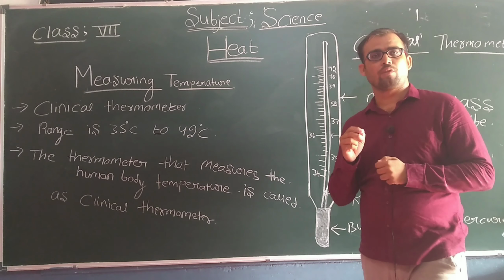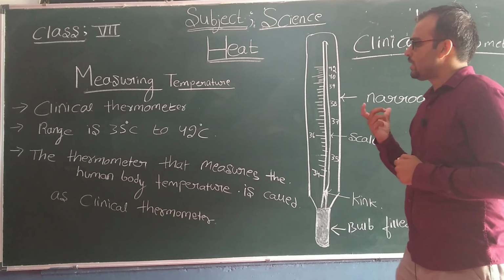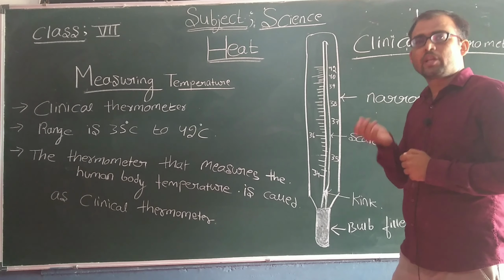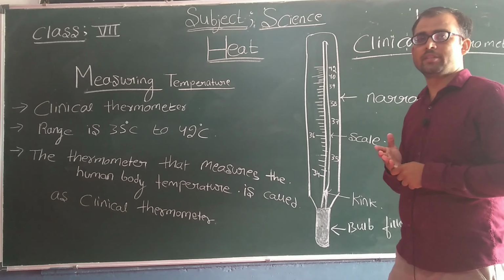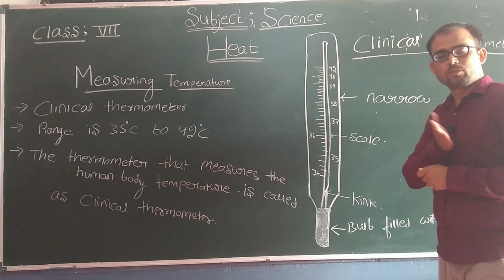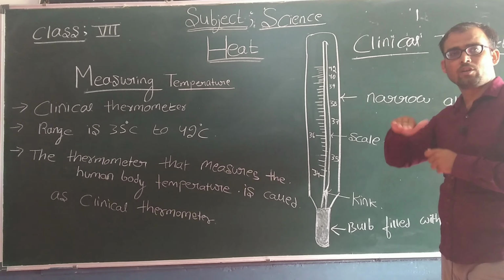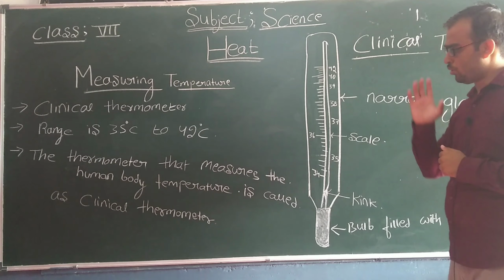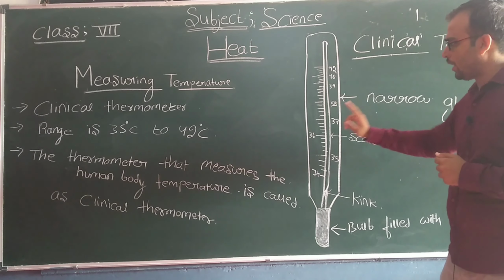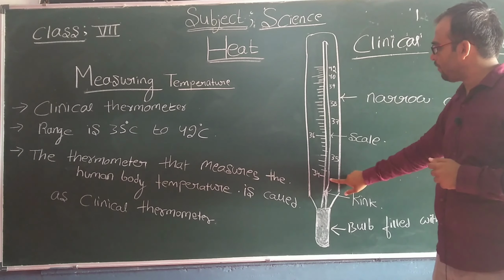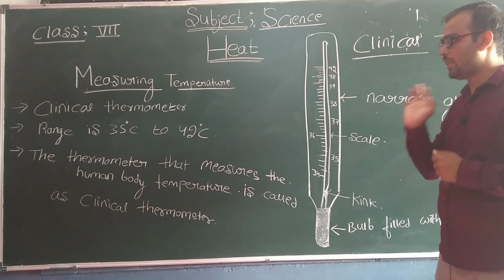The human body temperature cannot fall below 35 degrees Celsius, and it cannot rise above 42 degrees Celsius. For this reason the range of the clinical thermometer is 35 to 42 degrees Celsius.